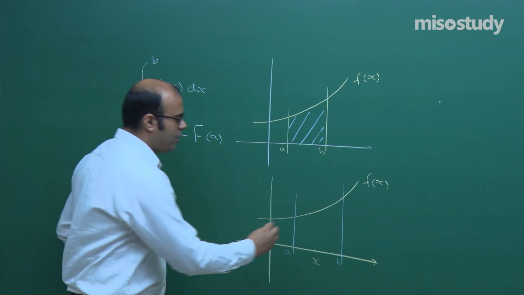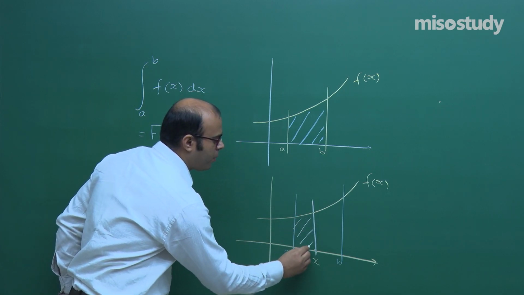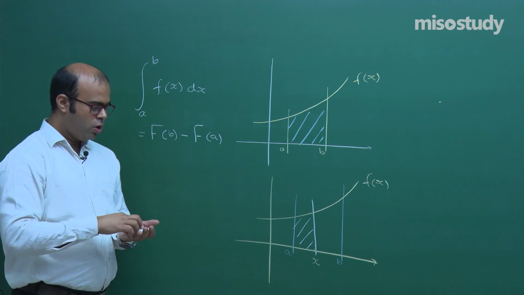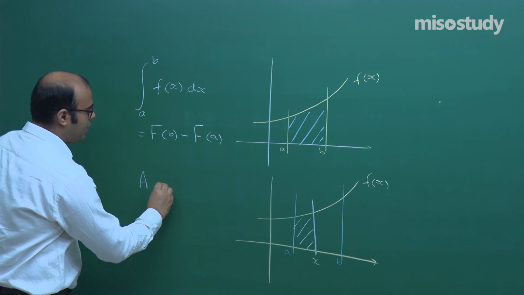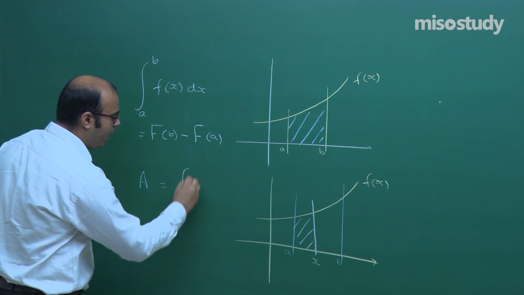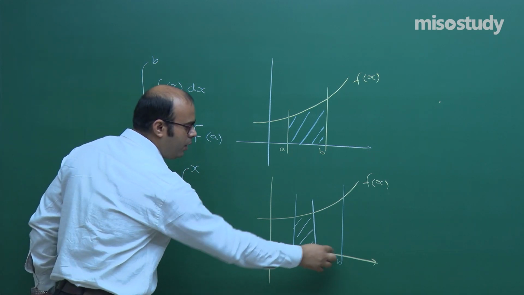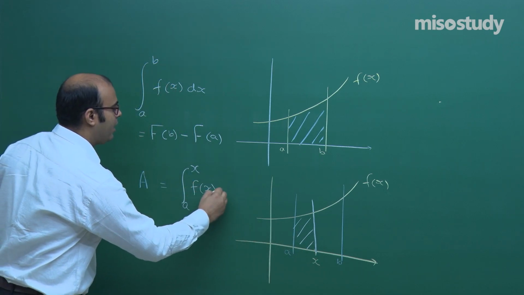So if we take this x and draw this ordinate, what would be this area now? We can say that this area A is equal to the integral from a to x, not a to b, instead a to x, of f(x) dx.